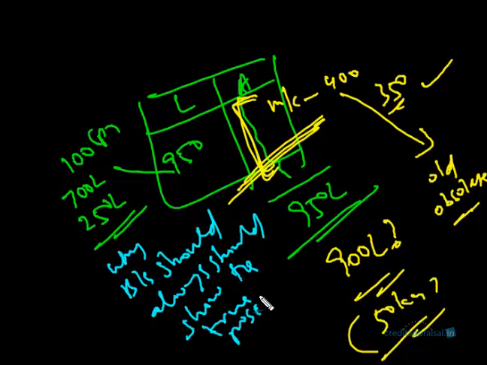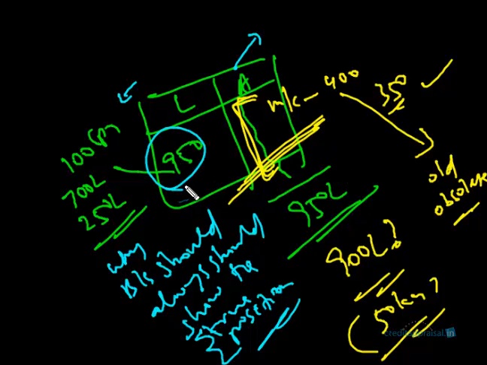We have spoken of this many times: the balance sheet shows the position of a company as on a particular date, but it should show the true position. It should not show an inflated position on the asset side, or a lower liability. It should show a true position, because if the company were to wind up today, it has to settle the dues of 950 lakhs. And the assumption here is that by selling the assets, it's going to realize 950 lakhs.